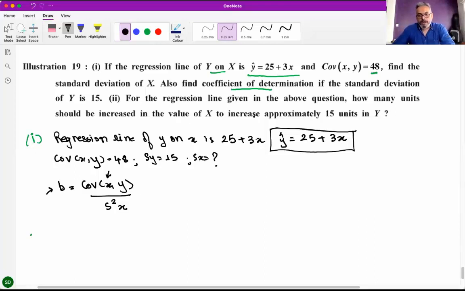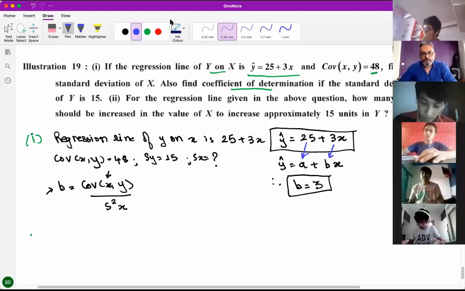So we already have this equation which is y cap is equal to a plus bx. So when you compare with this, therefore b is equal to 3. How did we get it? Like this. This is a is 25 and b is 3. All of you understood this?